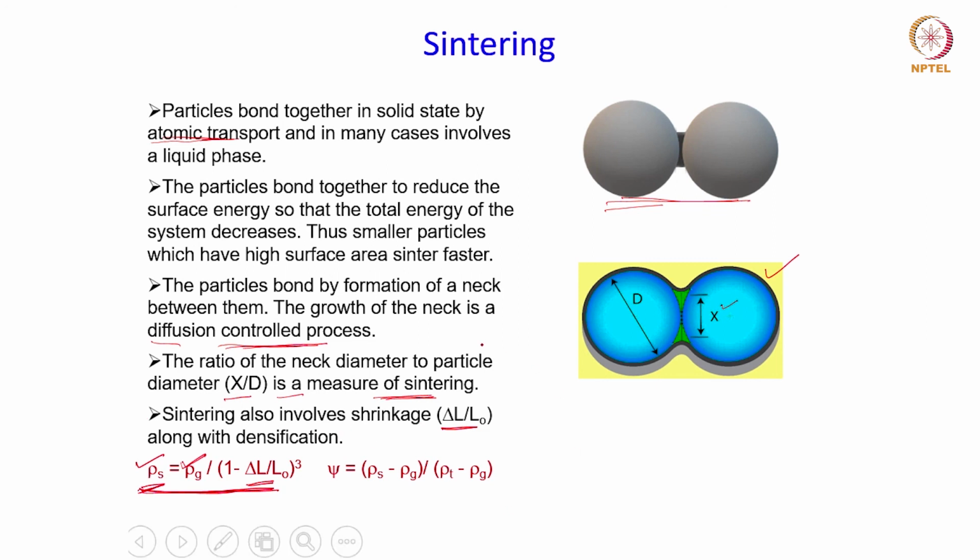And therefore the sintered density and the green density, that means the transformation of this compact from the green density towards the higher sintered density, is related to the shrinkage through this particular relationship over here. Okay, and then we defined a parameter called the densification parameter, which is related to the final density which has to be achieved at the end of the sintering process. So this is the densification parameter written as psi.